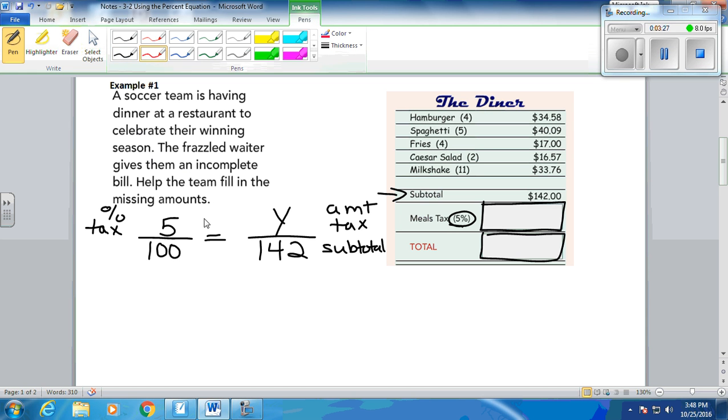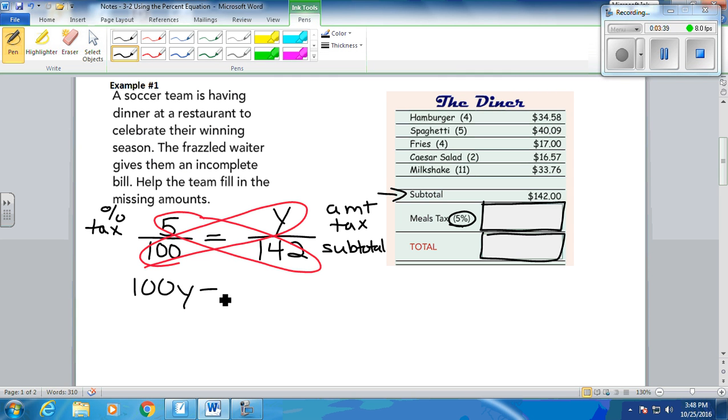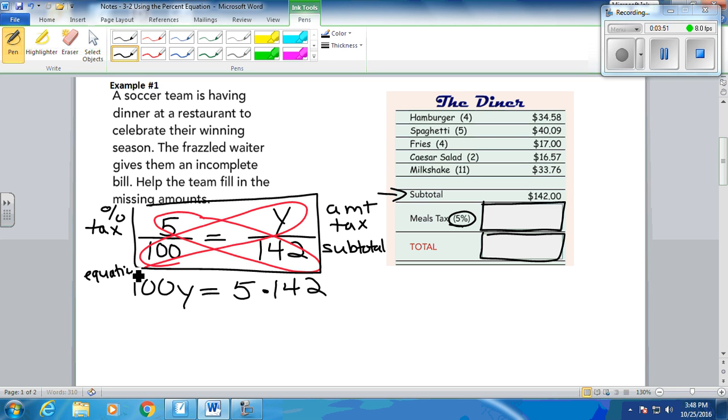So cross multiplication means I'm multiplying these two numbers together and these two numbers together and setting them equal. So I will have 100Y equals 5 times 142. So now I've gone from a proportion to an equation. So I'm solving an equation right now.